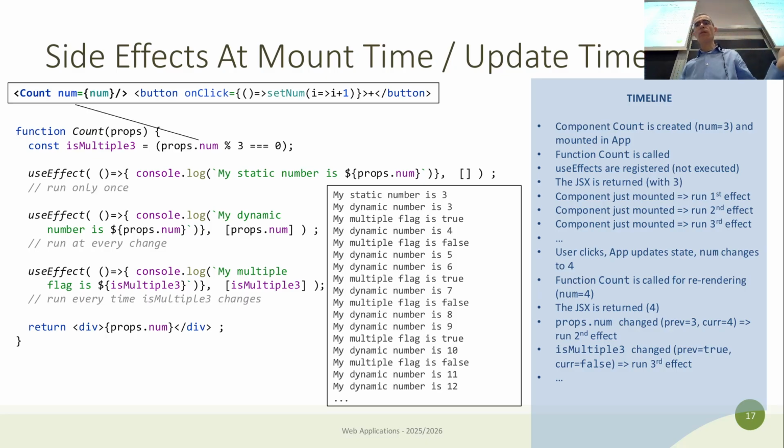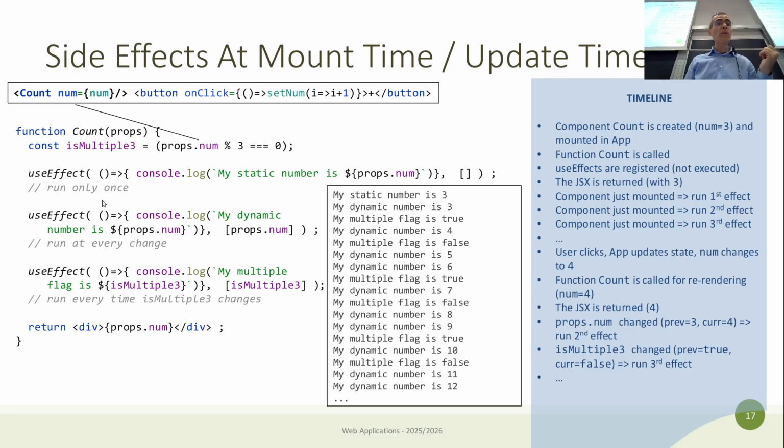It has a props.num number 3, it's mounted, function call is called. useEffects are here in the code of the count component. So useEffects are executed, but not the callback, just the useEffect hooks. useEffect is a function, and we are calling it. We are not declaring it. It's already declared by React. Here we are calling it.